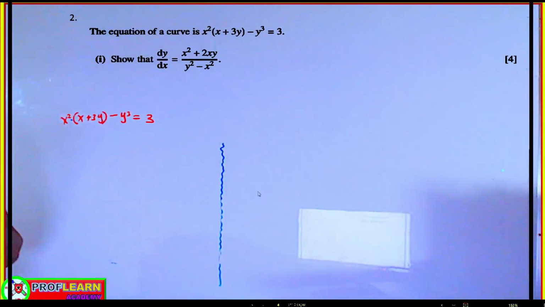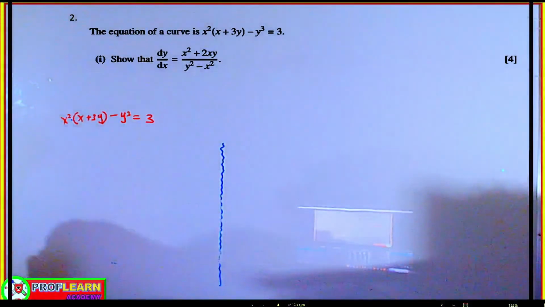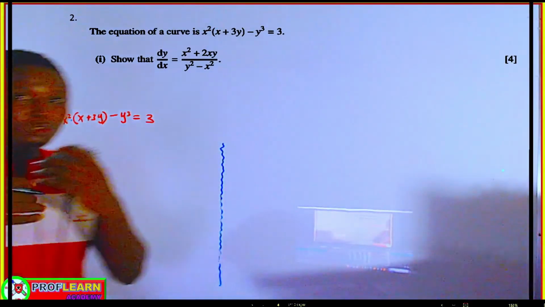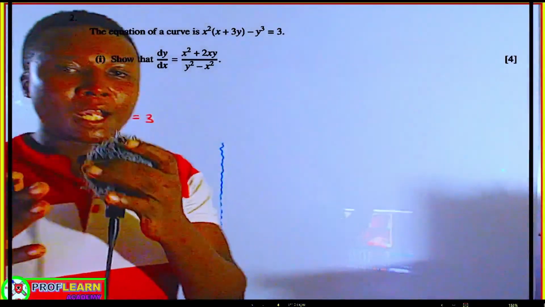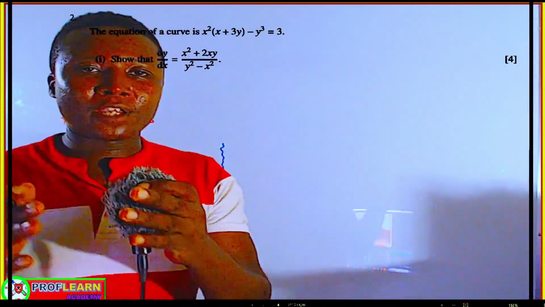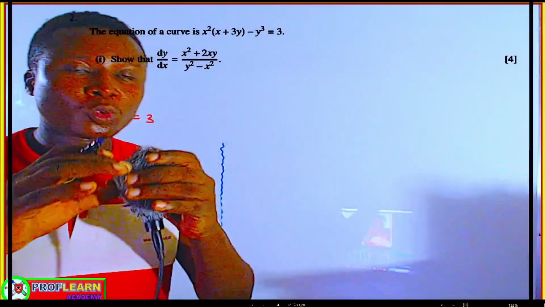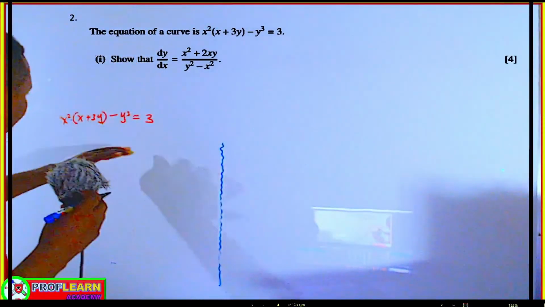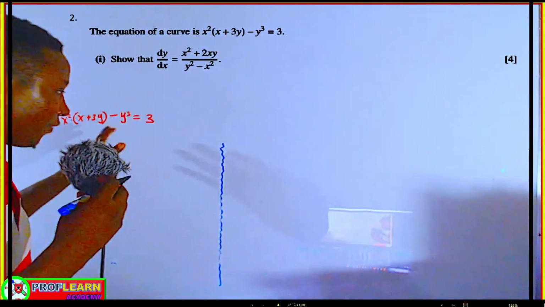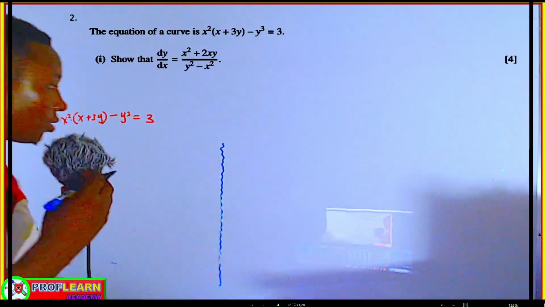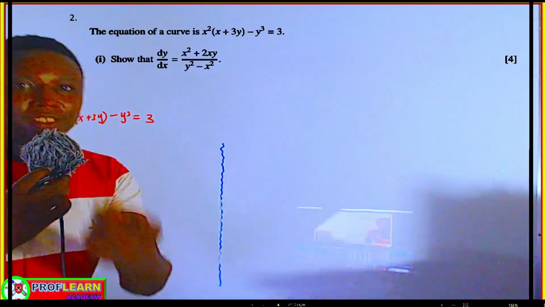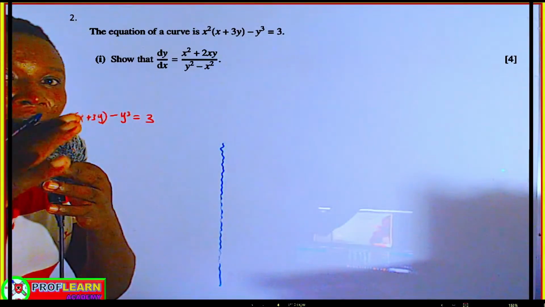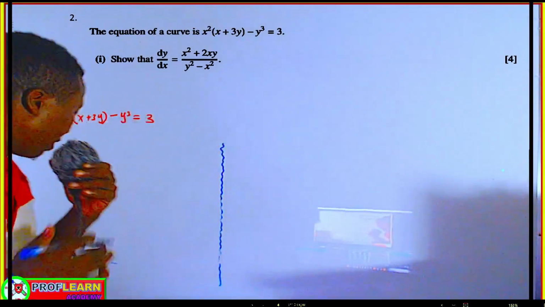Implicit differentiation means that you are not going to rearrange this function to have x values on one side and y values on the other. You differentiate the values of x and y the way they are, without rearranging them to have an explicit equation with x on one side and y on the other side of the equal sign.